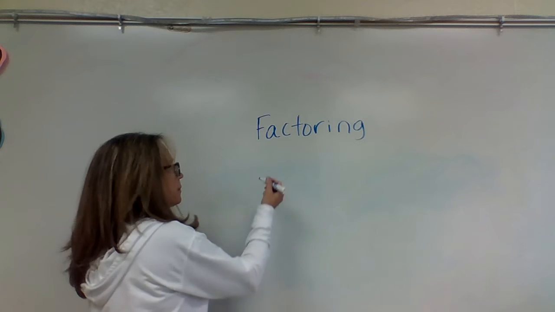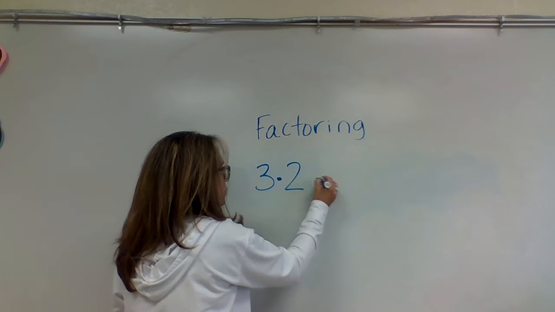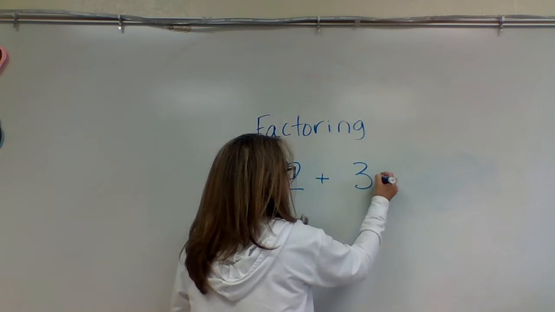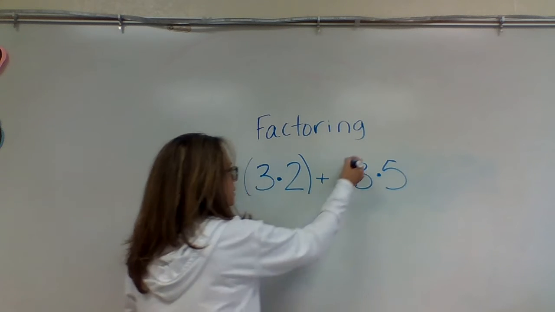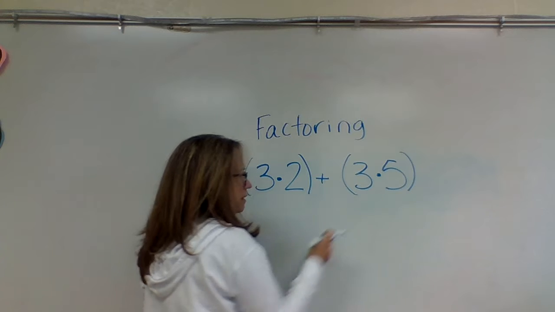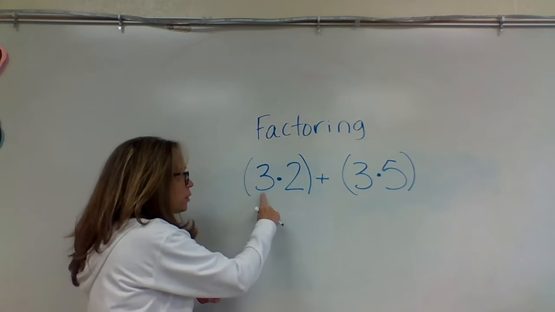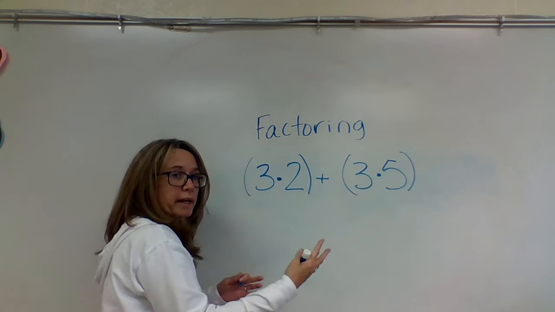So if I gave you something like this, 3 times 2 plus 3 times 5, and I can put it in parentheses here. So basically, you've got 6 plus 15, okay? But if you notice, they have a common factor. They both have a 3 being multiplied to things.